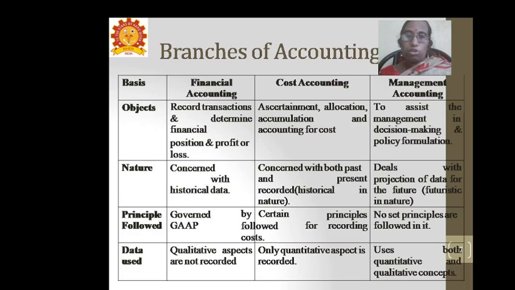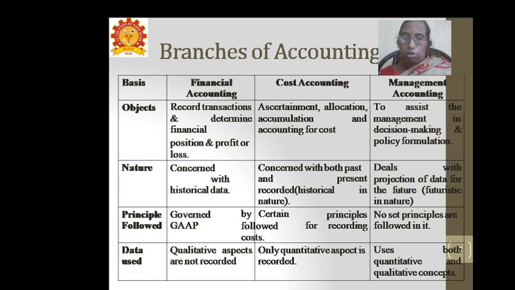Next, what is the principle being followed? We all know that in financial accounting, it is given by the GAAP, the generally accepted accounting principles. In cost accounting, certain principles are followed, and in management accounting there are no guidelines given.